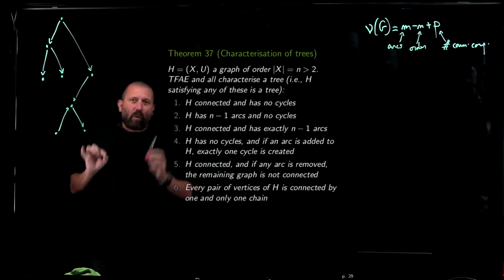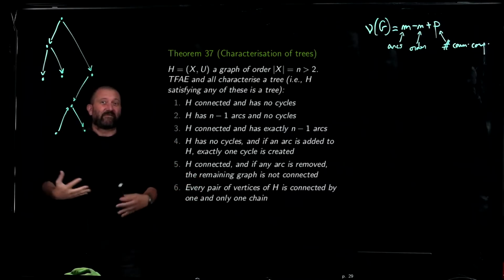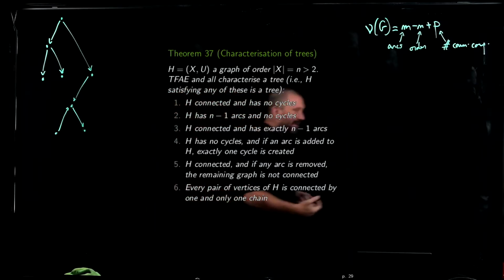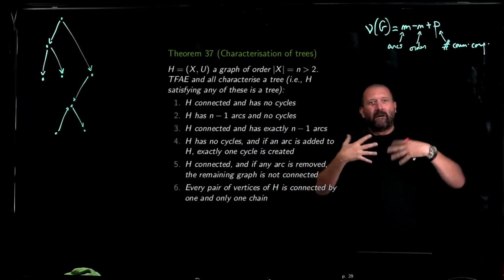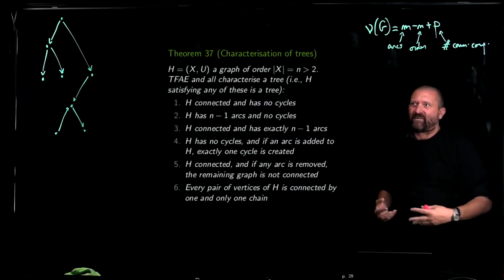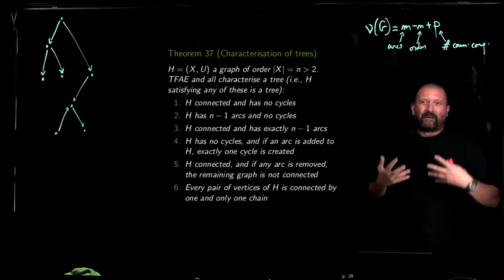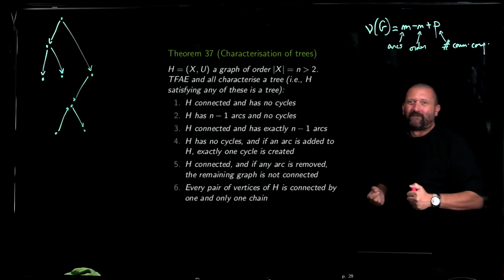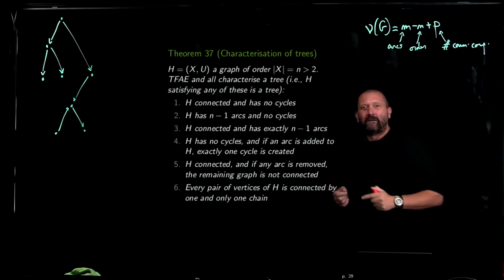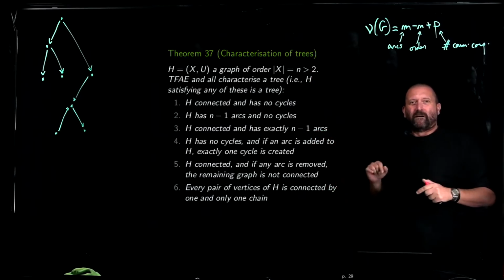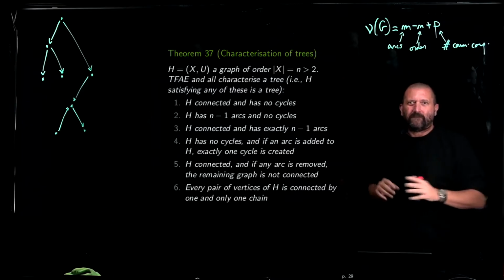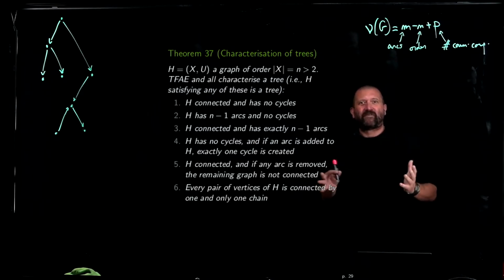There is only one way. That's one of the reasons why trees are so important, because they allow you to characterize things in an unambiguous way. So there is only one way to go from one vertex to another. Okay, so let's prove this.